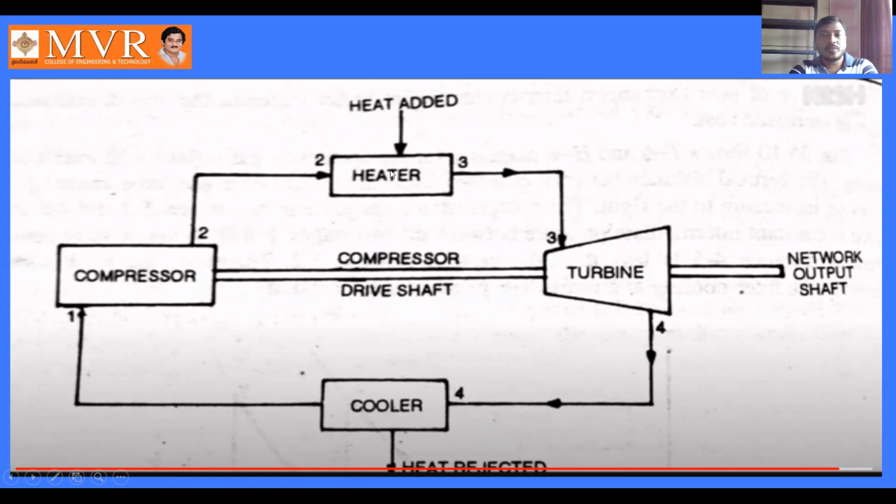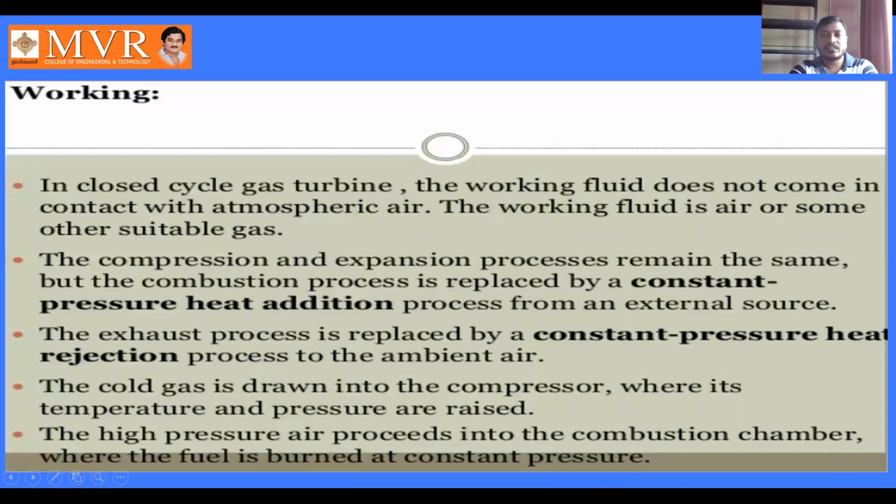In the combustion chamber, heat is added and combustion takes place, and it enters the turbine, where the gas is expanded and gives the work output, and the remaining gas enters the cooler. The turbine which generates the work output drives the compressor by using the drive shaft. This is the closed cycle gas turbine.